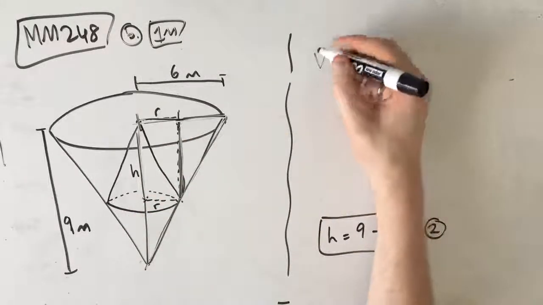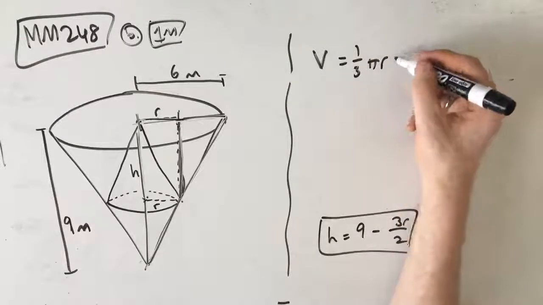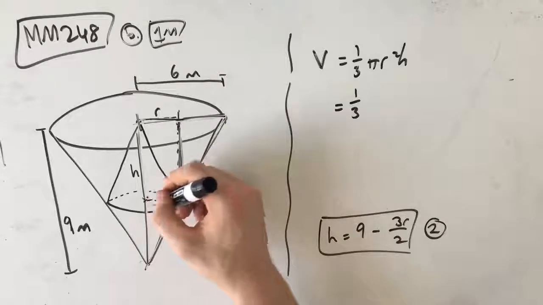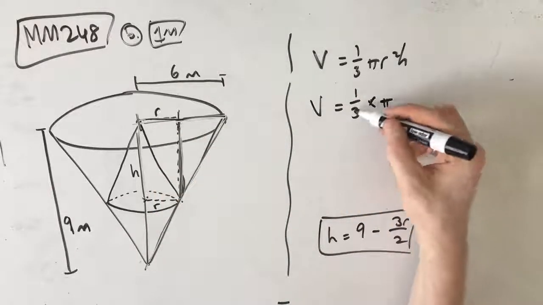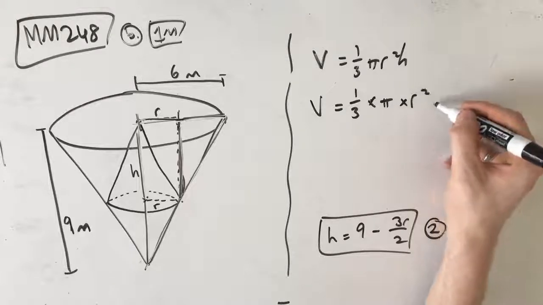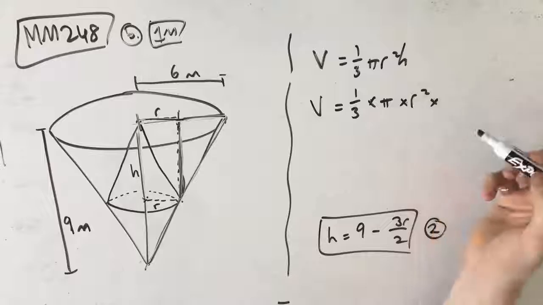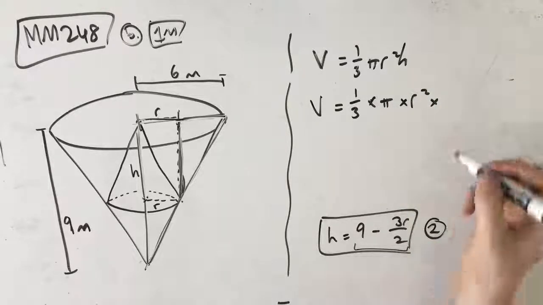Now we know that the volume of a cone is equal to 1/3 pi r squared h. In this case, our r and h are r and h, which means we get 1/3 times pi times r squared times h. But we're looking for our volume in terms of r, okay? We don't want this h, which is exactly why we found this first.